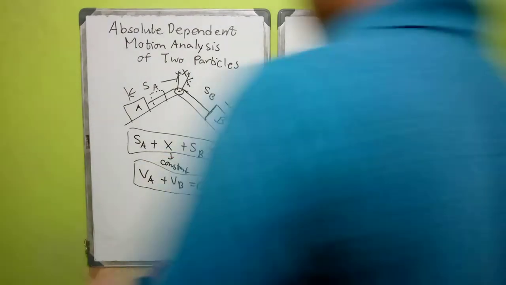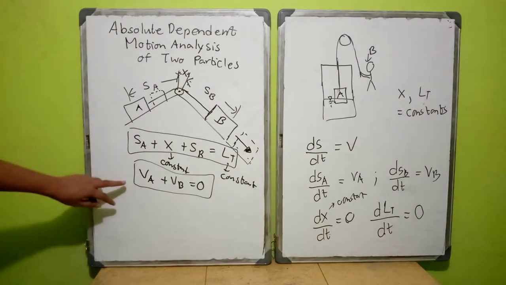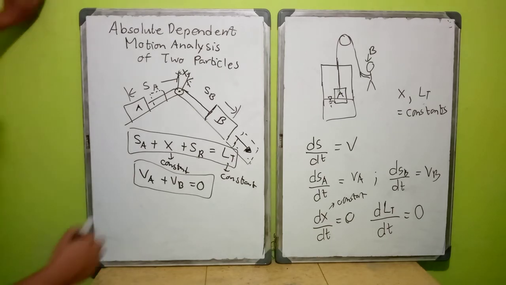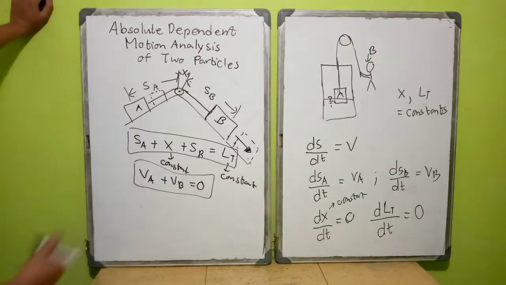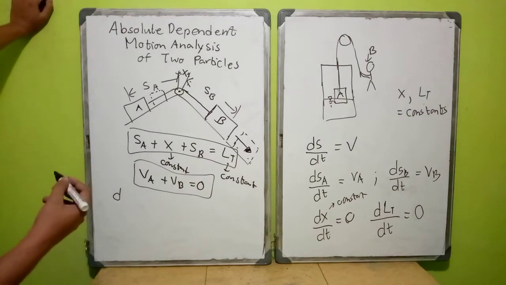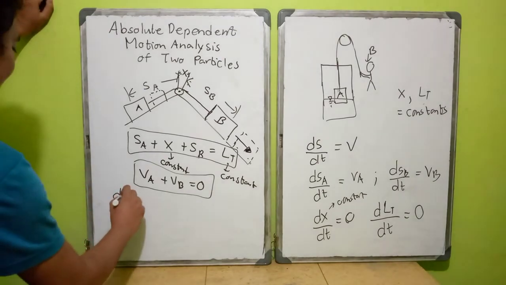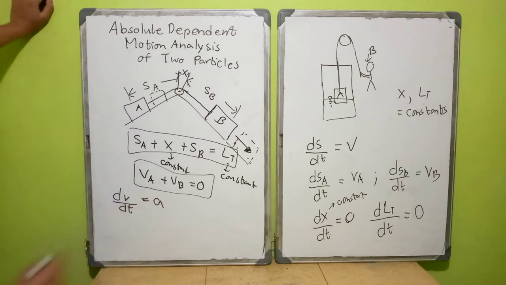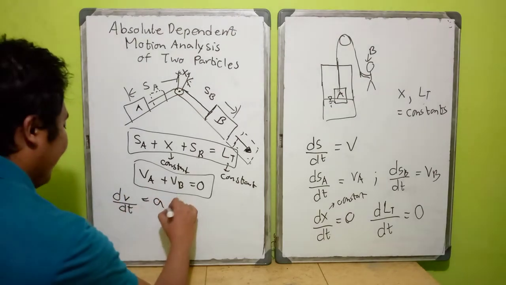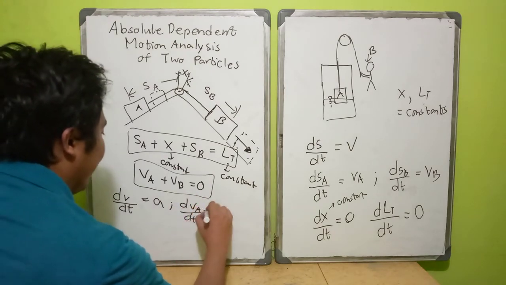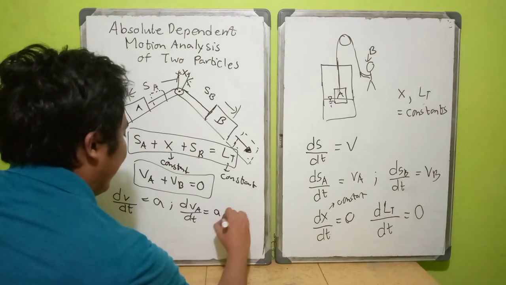And then if you differentiate again this mathematical expression, just remember the relationship that if you differentiate velocity with respect to time, you will get acceleration. So if you differentiate velocity A with respect to time, you will get A sub A.